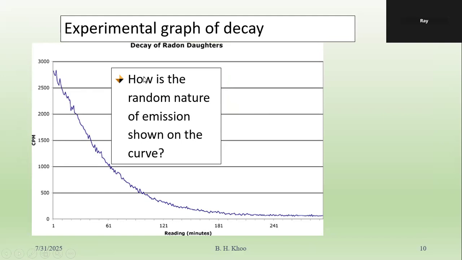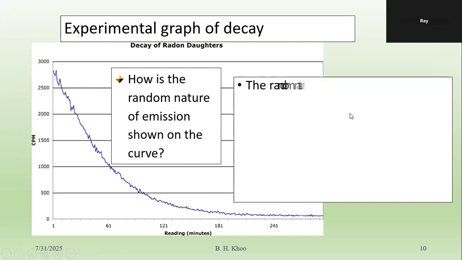How is the random nature of the emission shown on the curve? How do you know on the curve? Is it the fluctuation, like there's a bit of spike, the curve is not smooth?